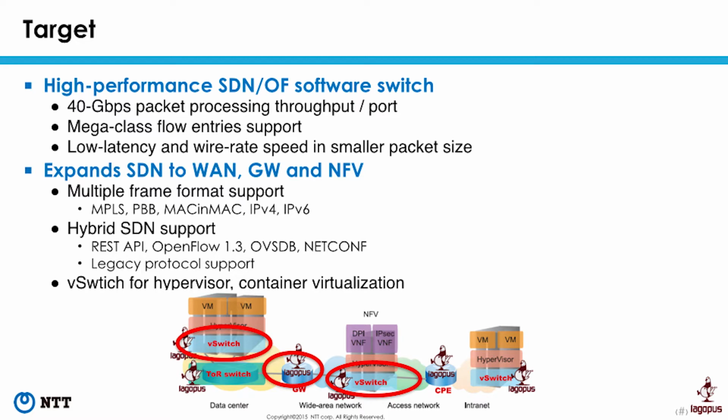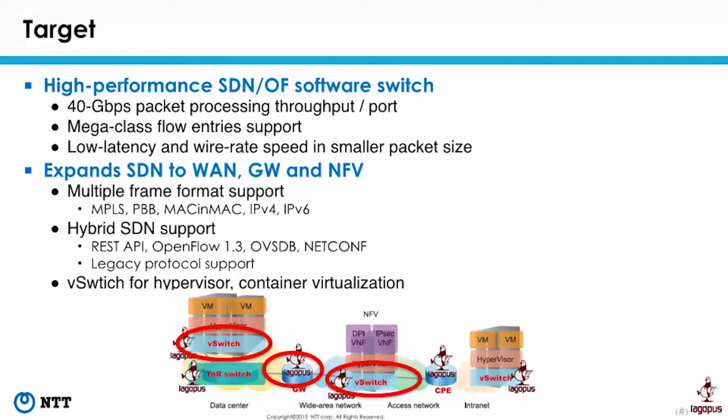Usually the server system is designed for large packet sizes, for example, file transfer or data communications. But in the case of a network system, we have to support very small packet handling at very high speed rates.